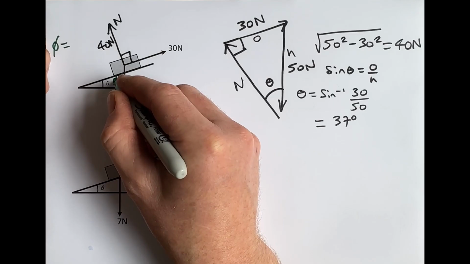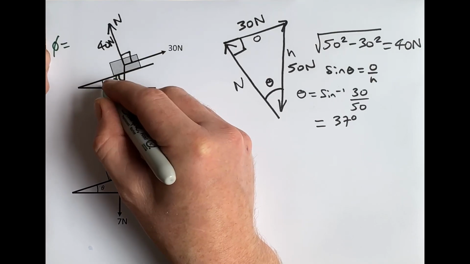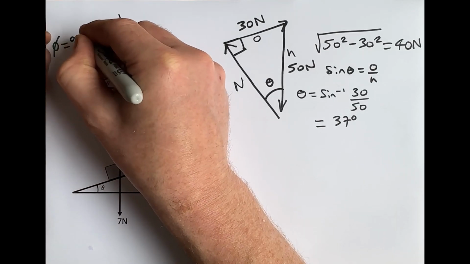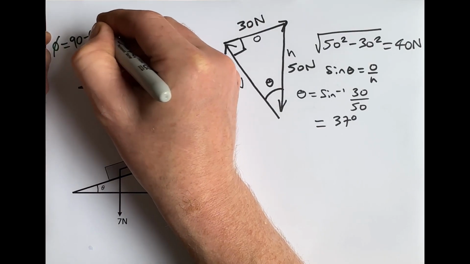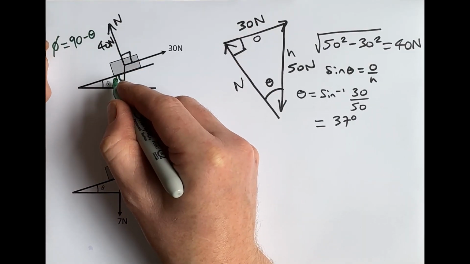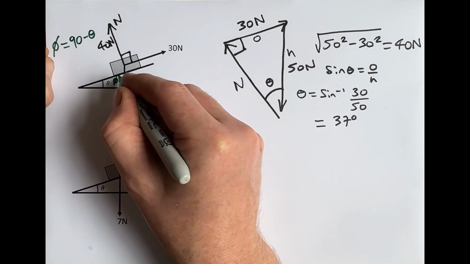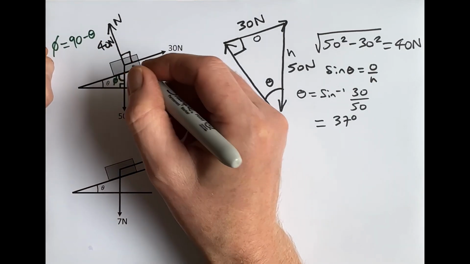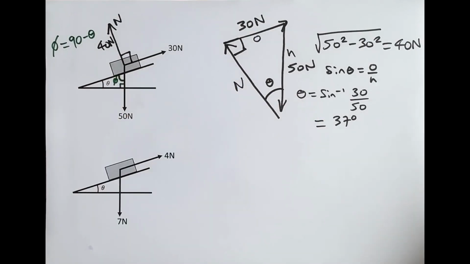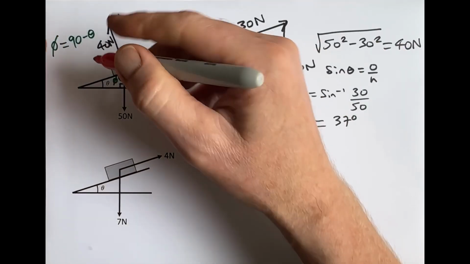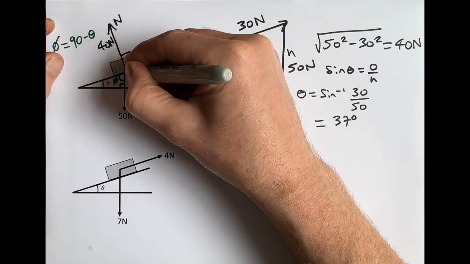So that angle there must be 90 take away theta, because we know that theta plus phi must equal 90.